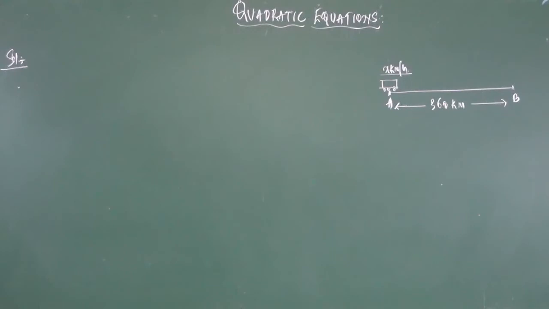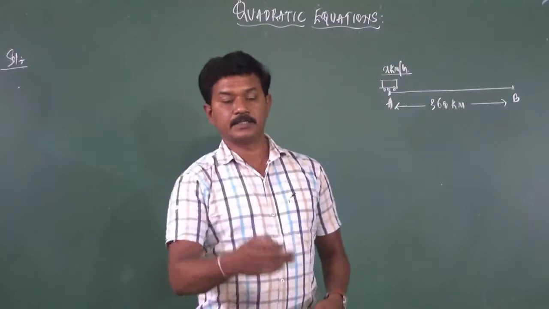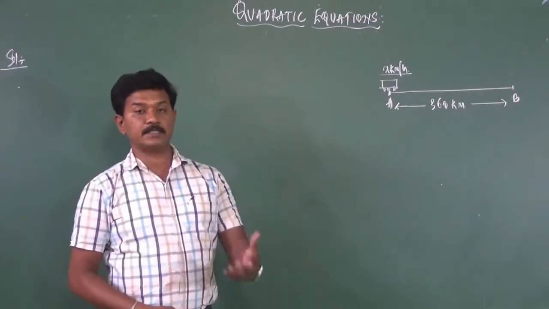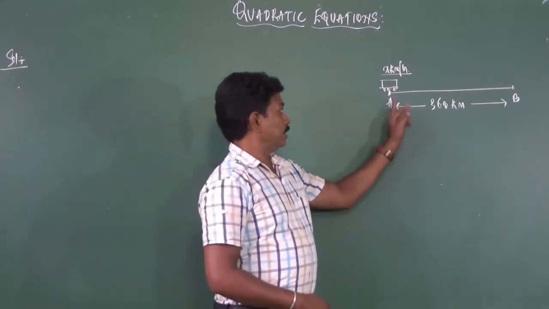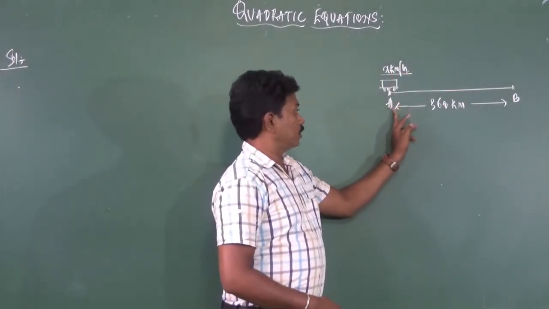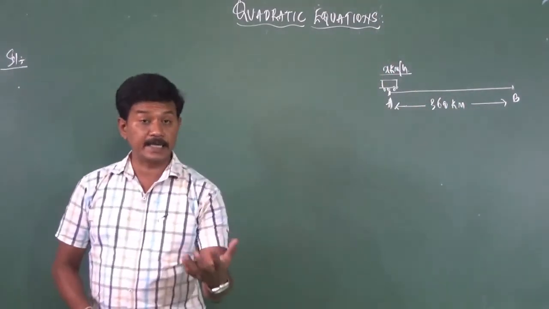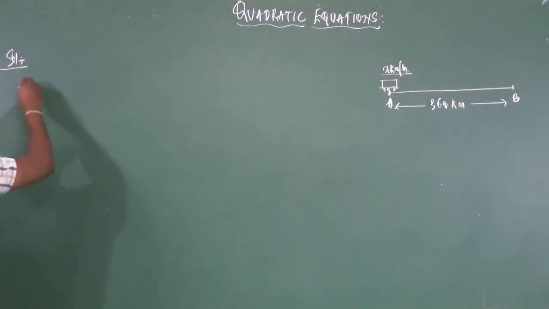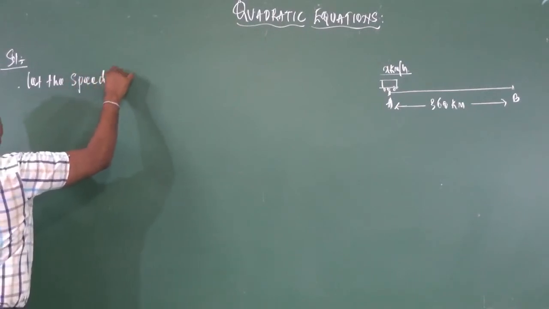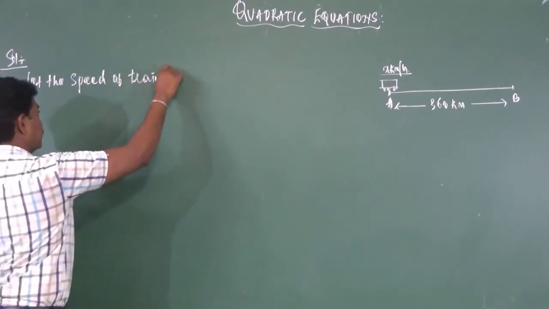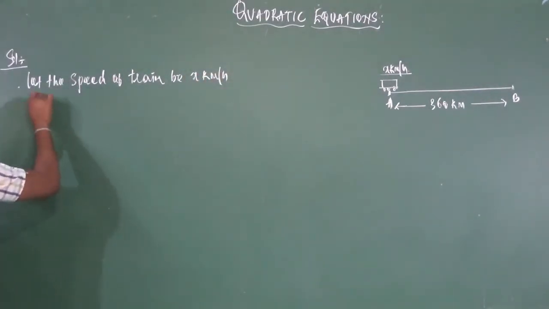Okay. Now let us imagine the train is traveling at a speed of x km per hour, traveling a distance of 360 kilometers. At the first step, we will find out the time taken by the train to cover a distance of 360 kilometers at a speed of x km per hour. We will calculate that time. So let the speed of the train be x kilometer per hour.